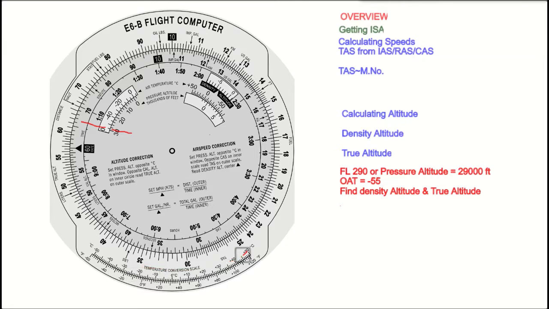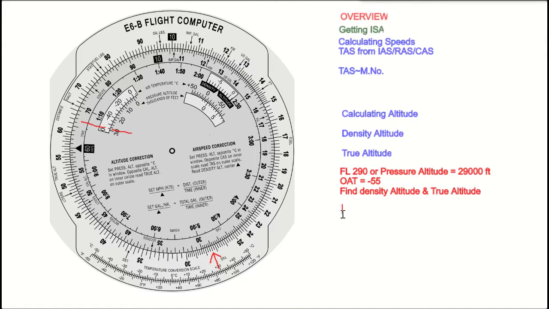So let's see, where is 290 on this? This is 25, 26, 27, 28, 29. 29 is here. And what is it? 25, 26, 27, 27,400. This is 25, this is 26, this is 27, and 27,200, 27,400.